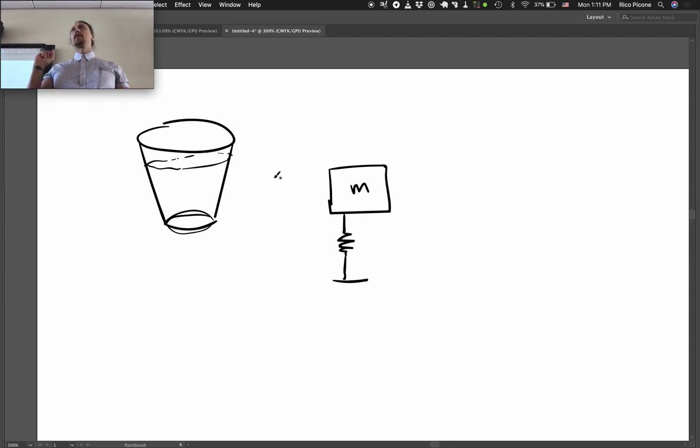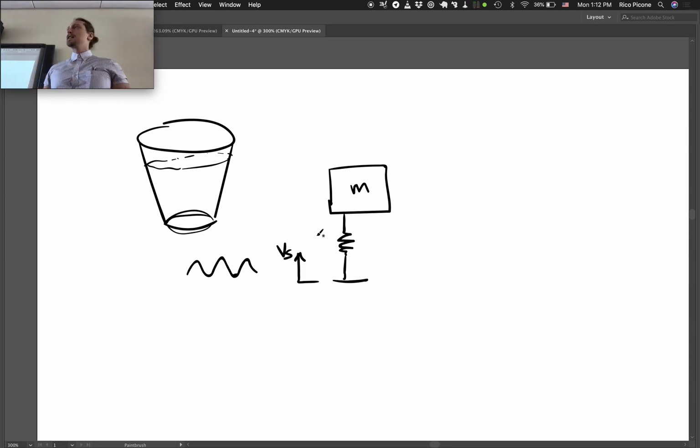Okay, so probably we could model that as being a force, but a better model would probably be a velocity model, a motion model, right? I'm moving it, and it's responding accordingly. So we could think of there being a velocity source here coming in. And it looks something like this, right? Like I'm moving it up, and I'm moving it down, I'm moving it up, and moving it down.